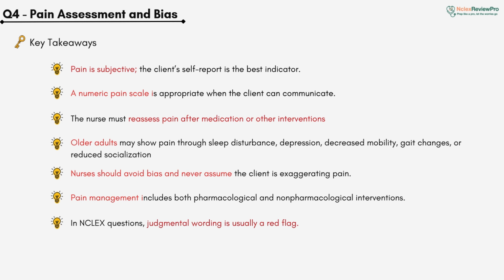Older adults may show pain through sleep disturbance, depression, decreased mobility, gait changes, or reduced socialization. Nurses should avoid bias and never assume the client is exaggerating pain. Pain management includes both pharmacological and non-pharmacological interventions, and in NCLEX questions, judgmental wording is usually a red flag.